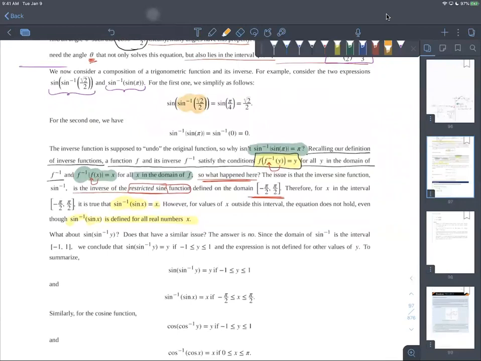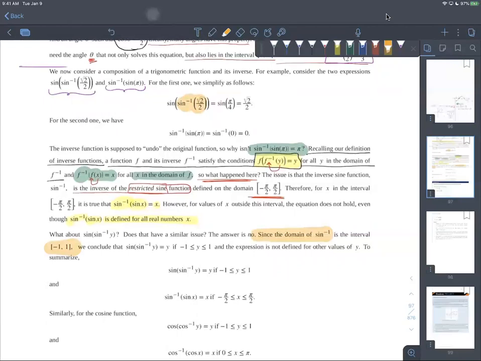It says, since the domain of sine inverse is the interval from -1 to +1, we conclude that the sine of the sine inverse of y is equal to y if y is between -1 and +1, and the expression is not defined for other values of y.